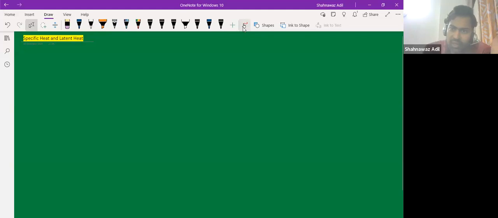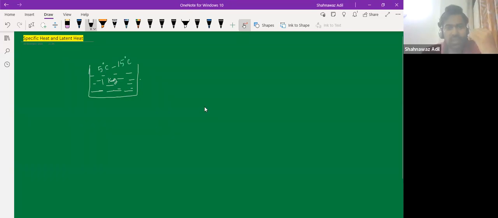If you have, let's say, some container, and you have 1 kg of water, and you want to increase the temperature of this water from, let's say, 5 degrees C to 15 degrees C, then you will require some heat, right, guys?